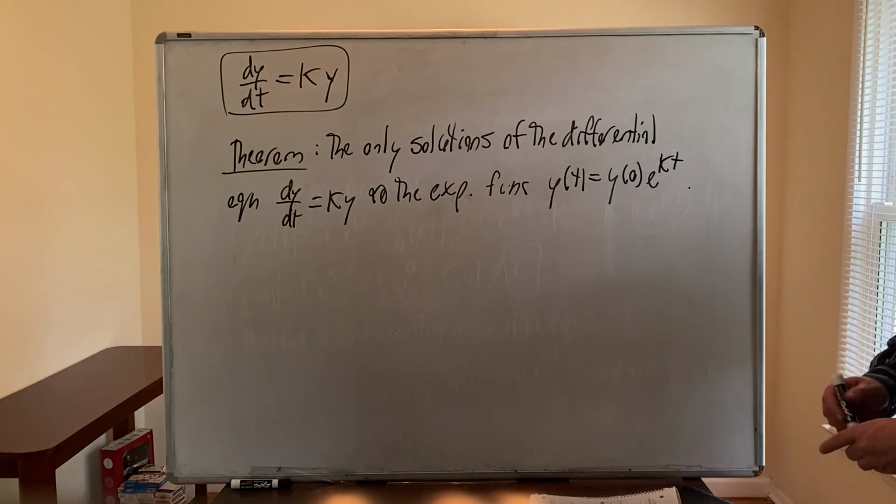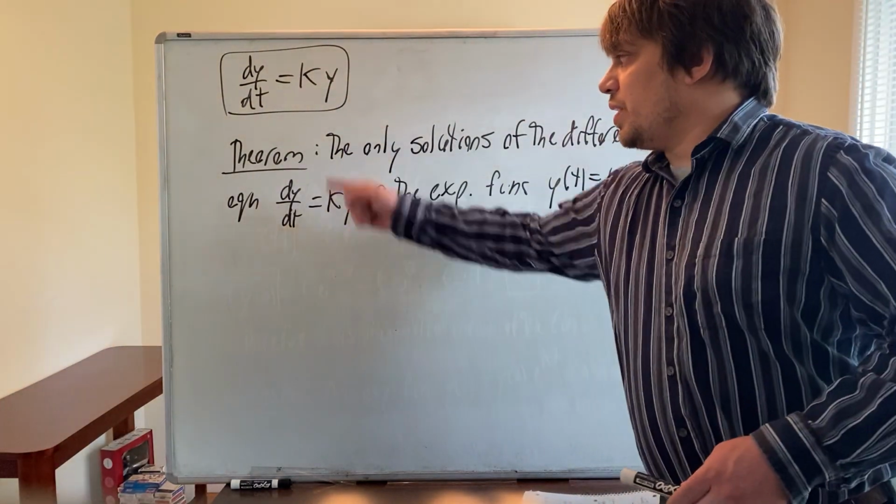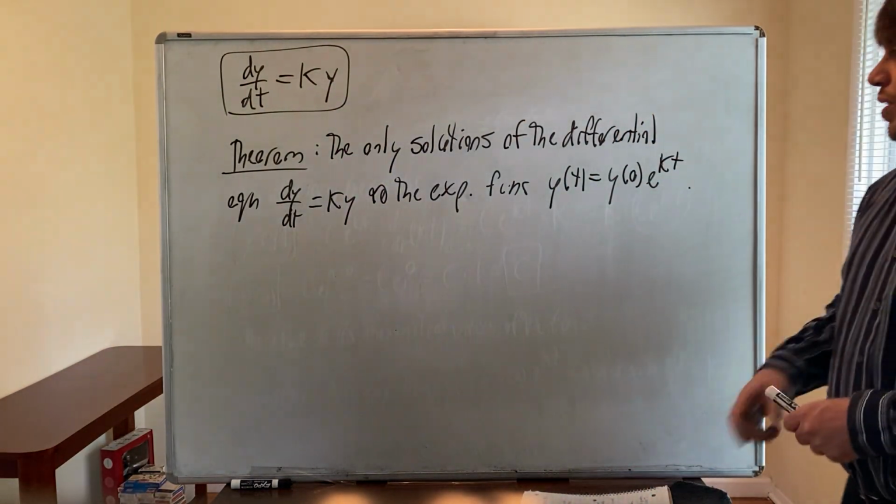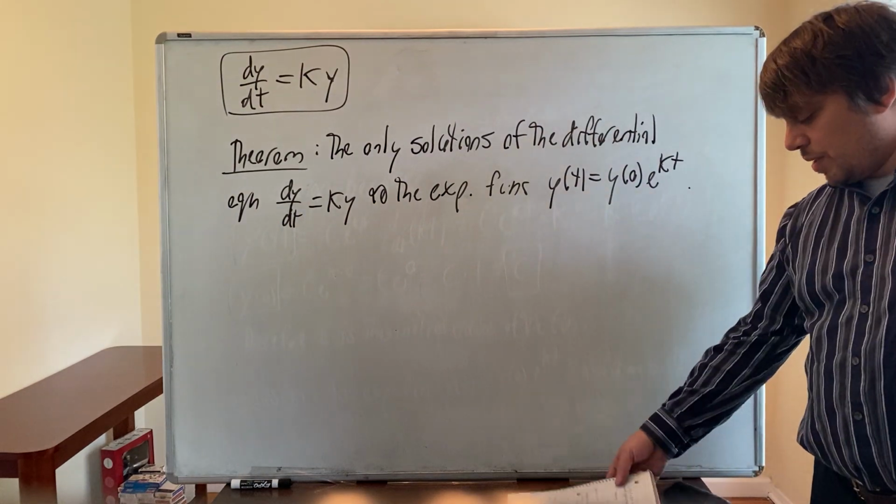So the only solutions of the differential equation dy dt equals ky are the exponential functions y of t equals y of 0 times e to the kt.